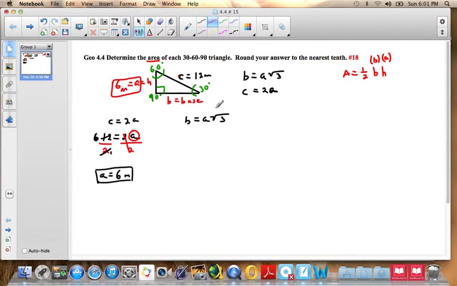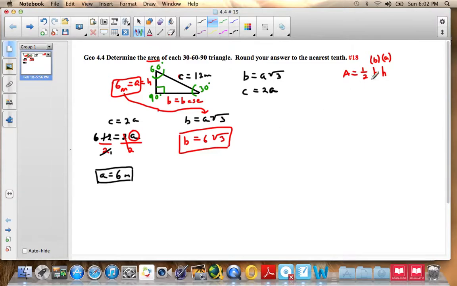So I'm going to plug 6 right into there. So I can say B equals 6 times the square root of 3. And then there's nothing really left to do with this. That's as simplified as it's going to get.